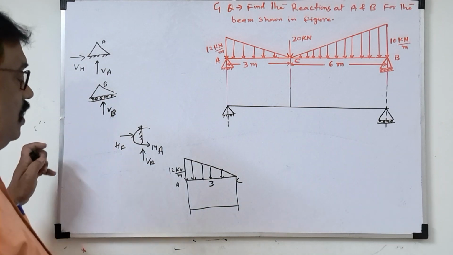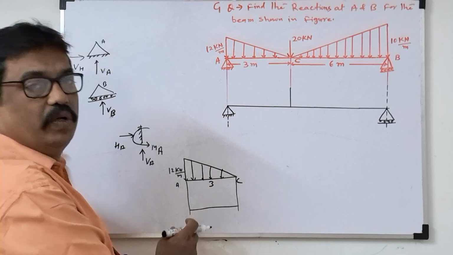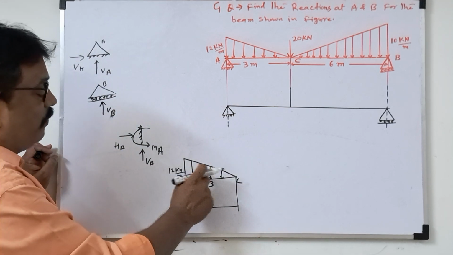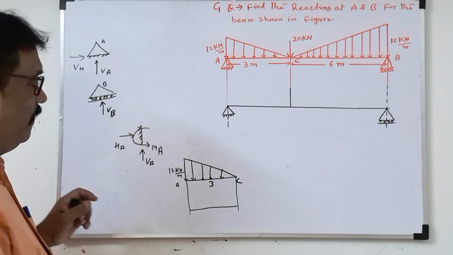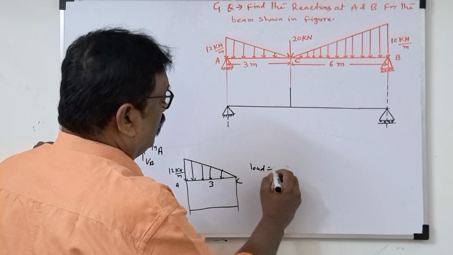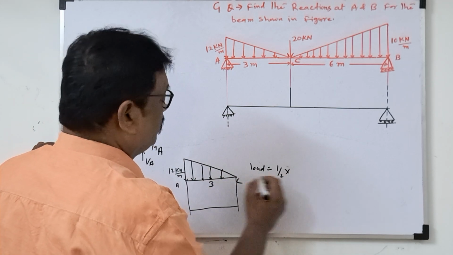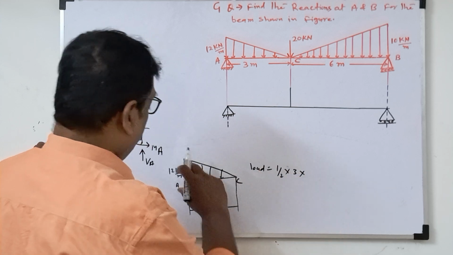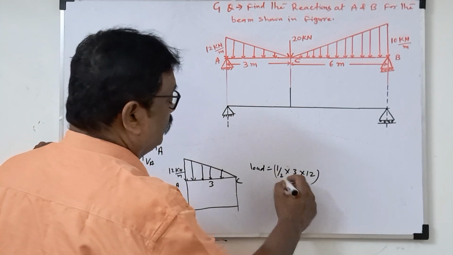How will we do this? I have already discussed this in a lot of videos. We have to reach the center of gravity point, and the load is nothing but 1 by 2 into base into height. Base is 3, height is 12. So this is called the area of the triangle.